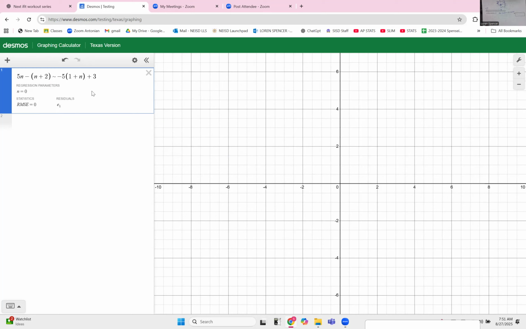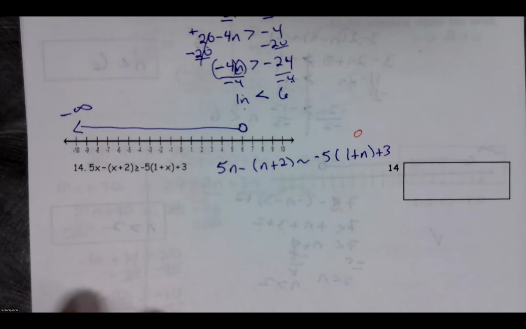All right, so I'm going to write down 0 to remind myself that that's what it is. And we're going to stop this and get back to work.